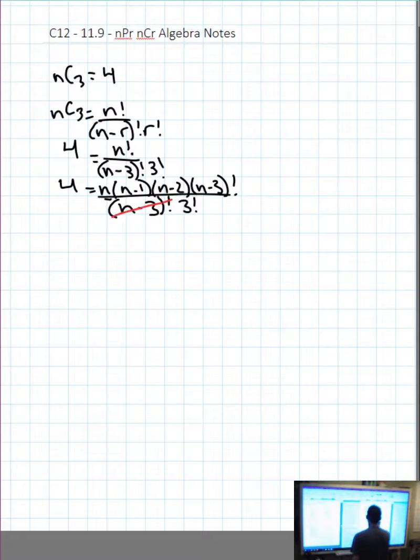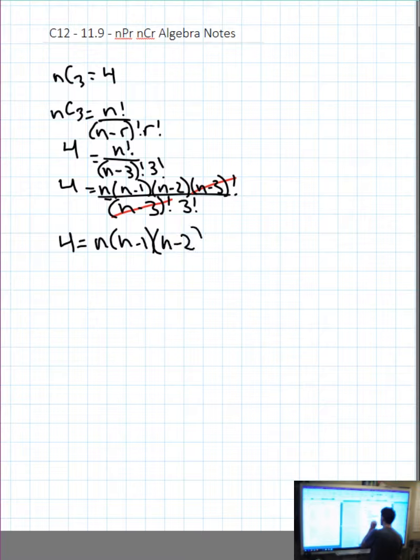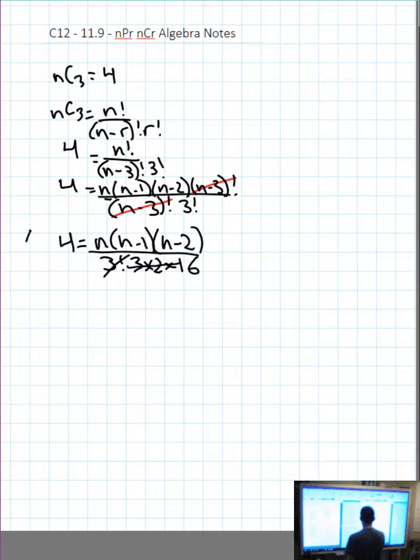I can cross off the n minus 3 factorial from the top and the bottom, and I'm left with 4 equals n open bracket n minus 1, n minus 2, and I still have a 3 factorial on the bottom, which is 3 times 2 times 1, or 6, and I can times both sides by 6, and I'm left with 24 equals n open bracket n minus 1, n minus 2.